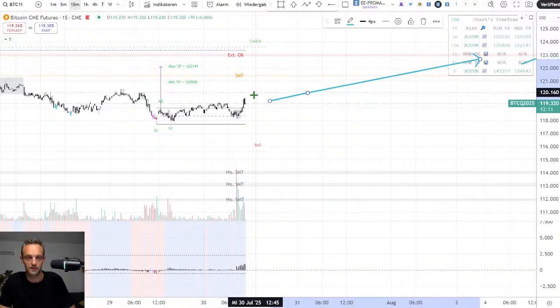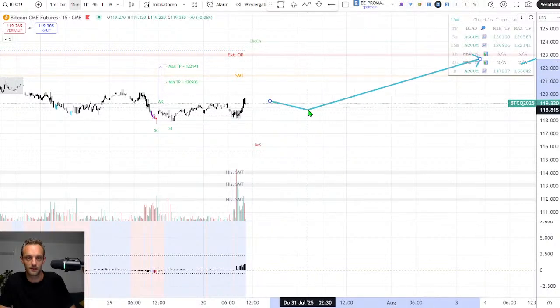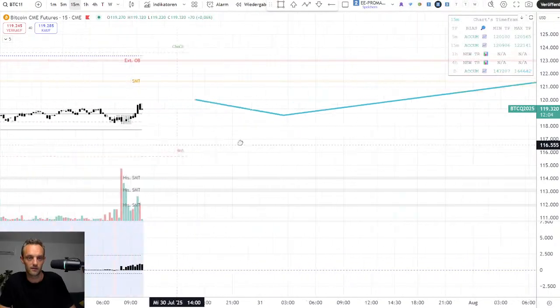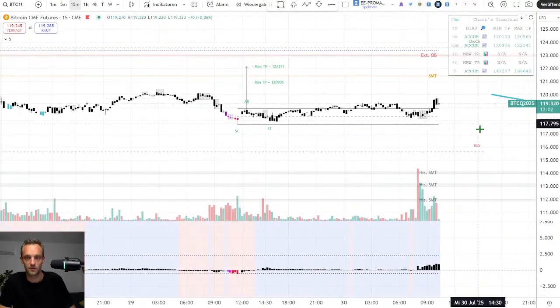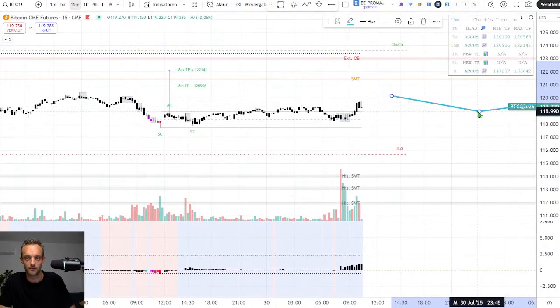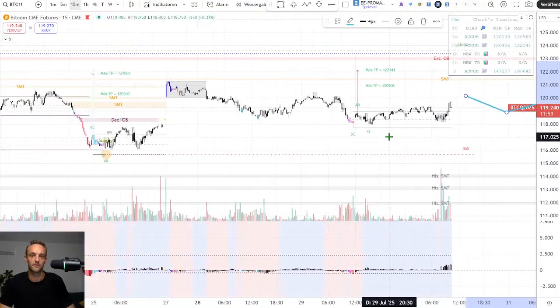We will go to the upside, maybe have another test here, like this. Yes, we broke to the upside with volume. We come down, test this level again, and then we continue higher.